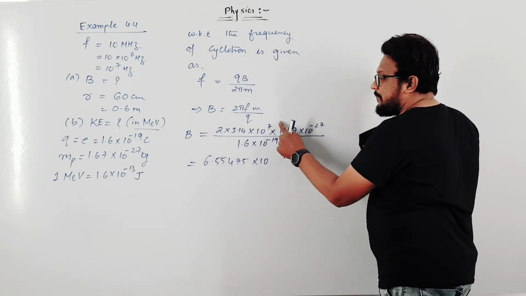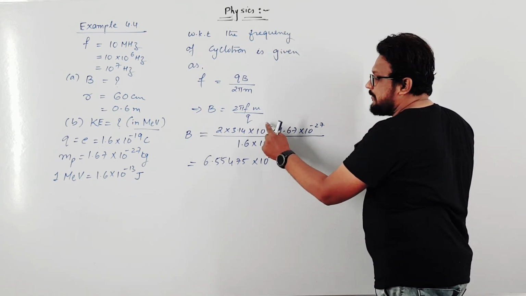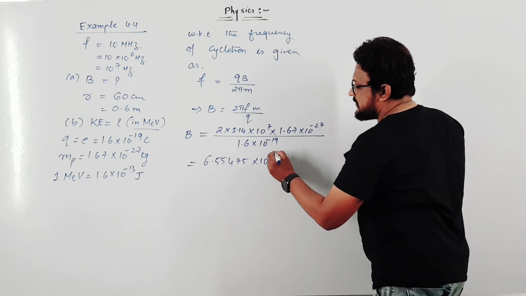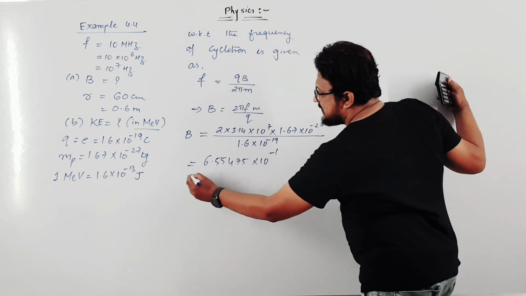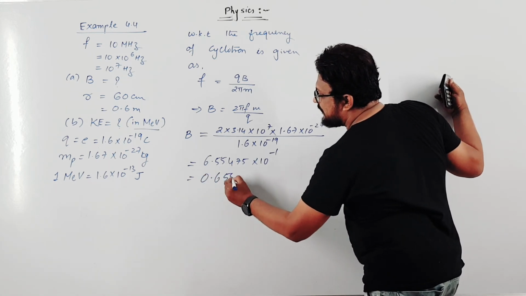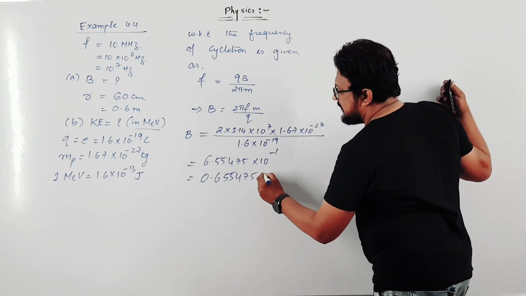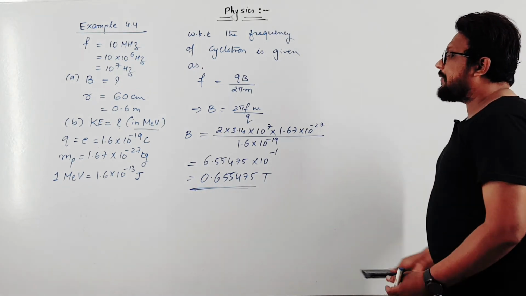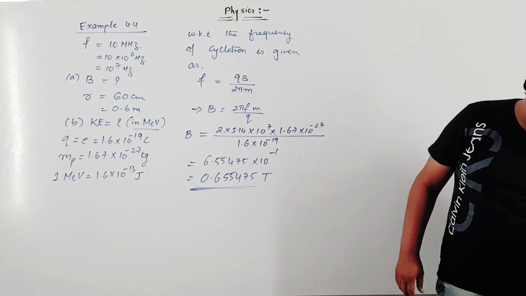Minus 19 will move up, plus 19. Plus 19 plus 7 is 26. Plus 26 minus 27 is minus 1. So you can write this as 0.655475 Tesla. This will be the required magnetic field.